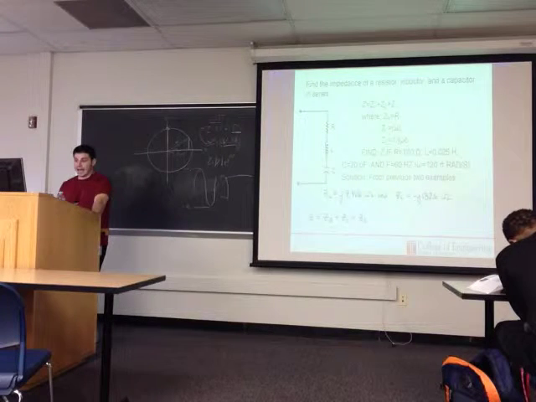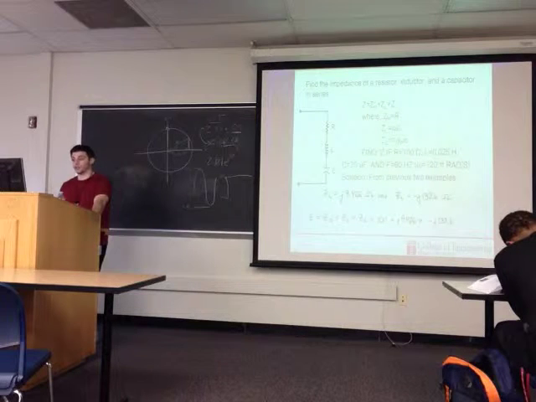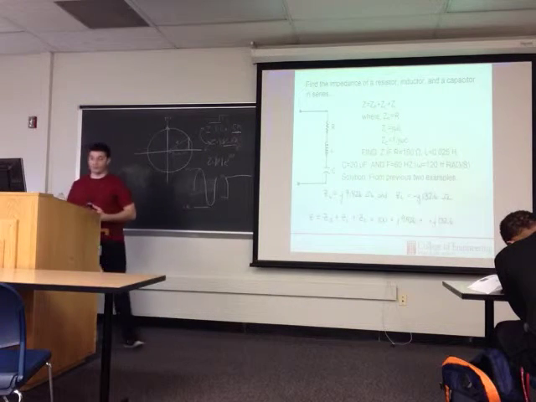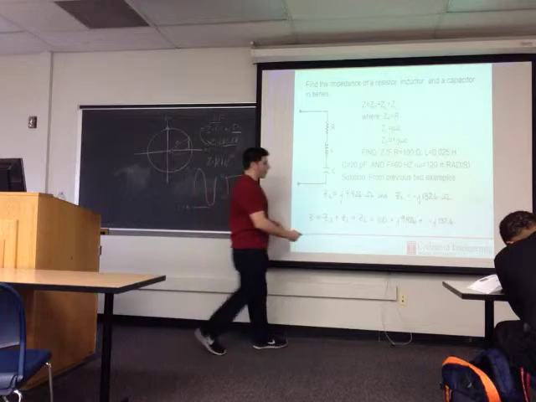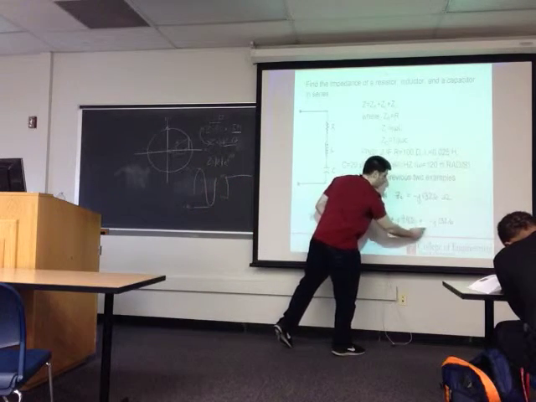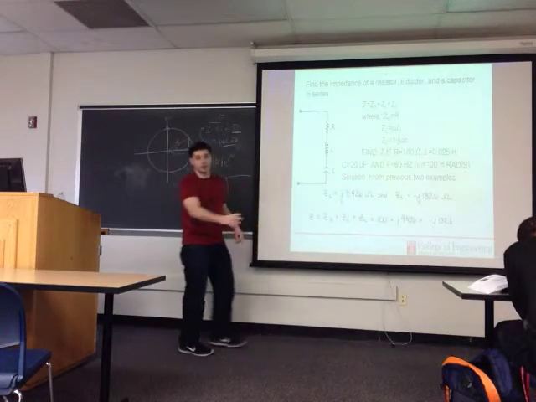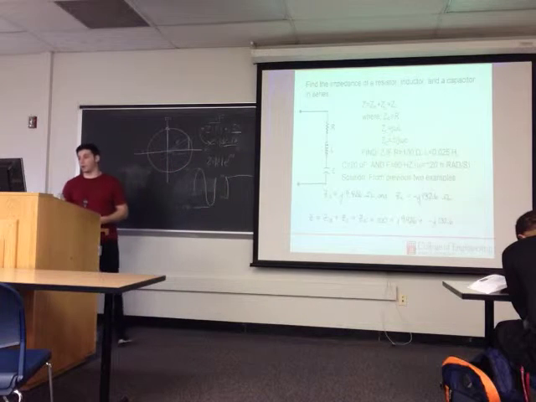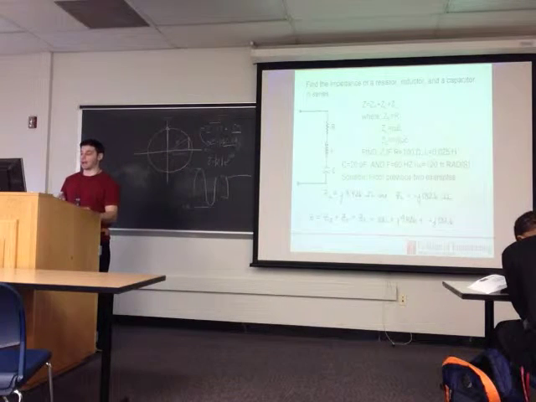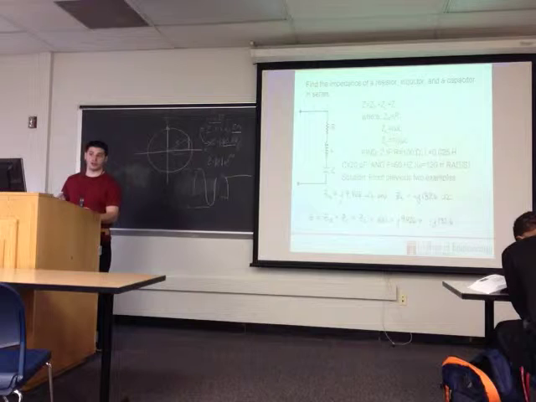So if we wanted to add them together, we have 100, which is the resistance, 100 ohms, plus 9.426J minus 132.6J. So our imaginary components we can just add up right there. So then we'll have our imaginary part as those two added, and our real part is just the 100.